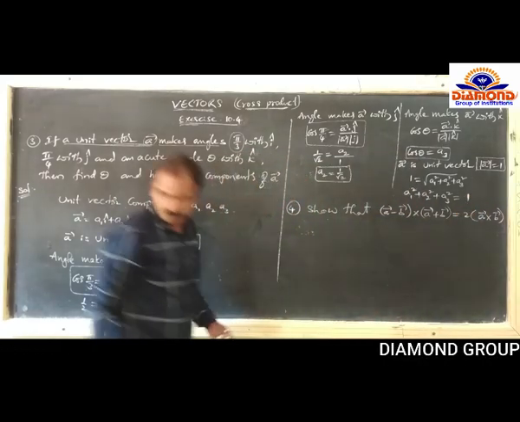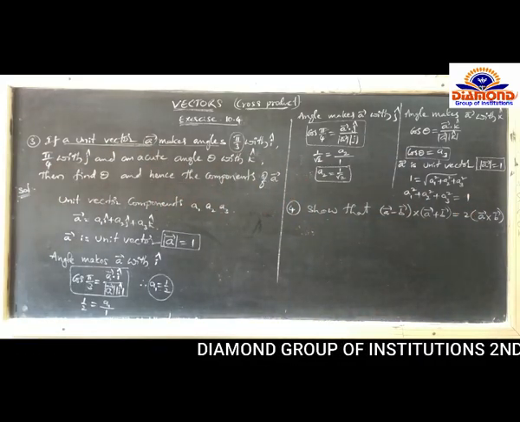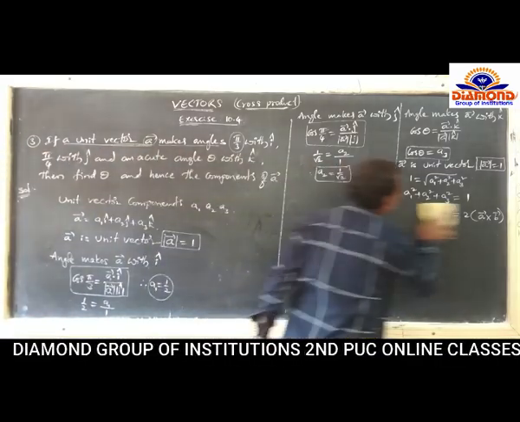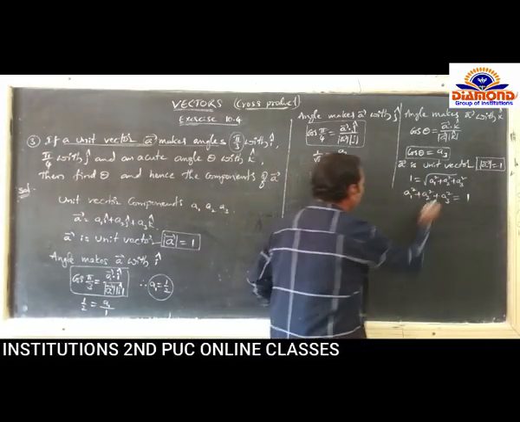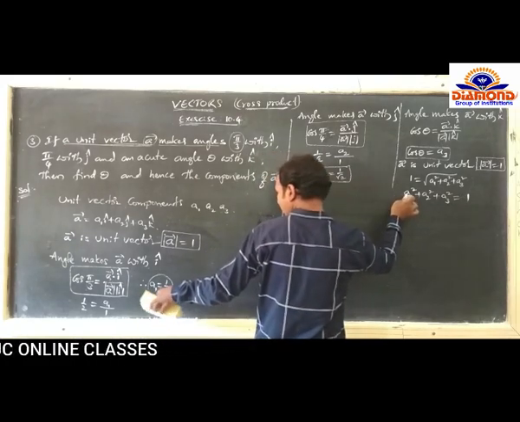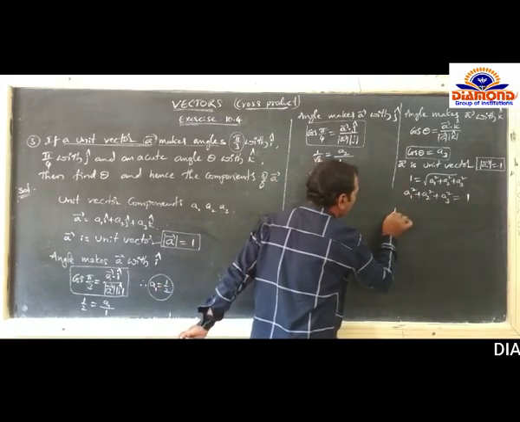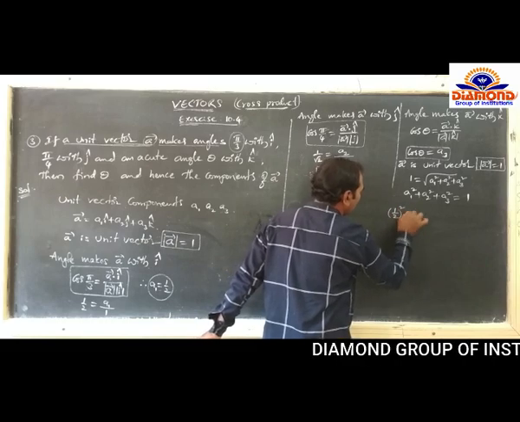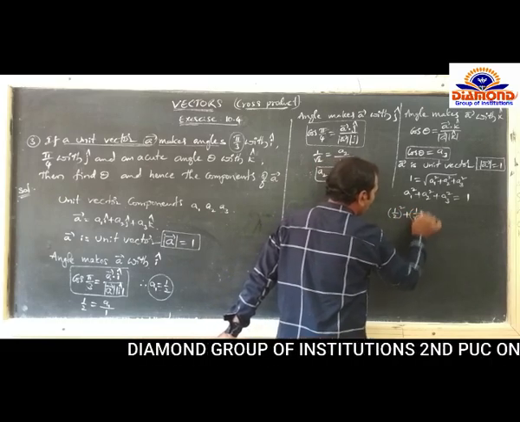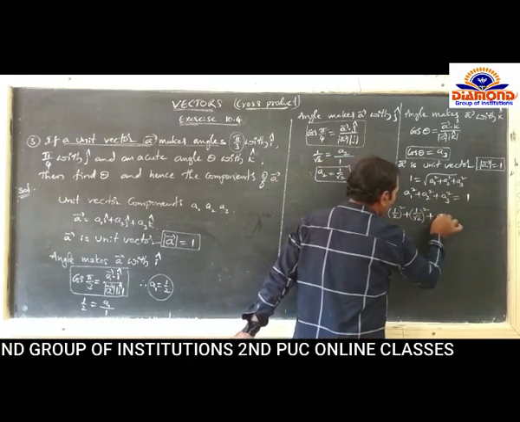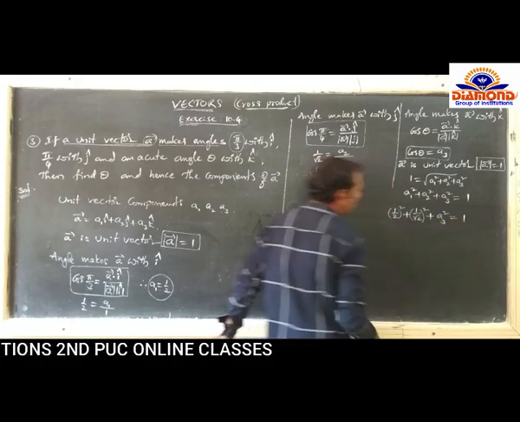So the relation is a1 square plus a2 square plus a3 square equals 1. Here a1 value we know is 1 by 2, so 1 by 2 whole square plus 1 by root 2 whole square plus a3 square equals 1.